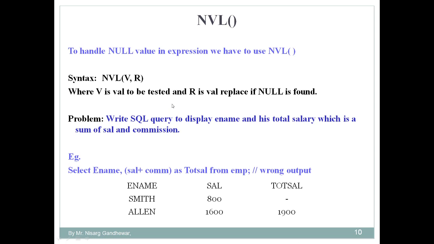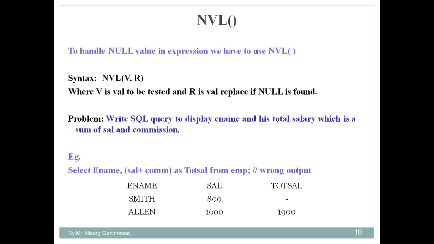We'll take a simple example so that you understand what is the use of NVL. Suppose the problem is: write a SQL query to display the name and his total salary, which is the sum of salary and commission. So we want to display employee name, salary and the total salary.